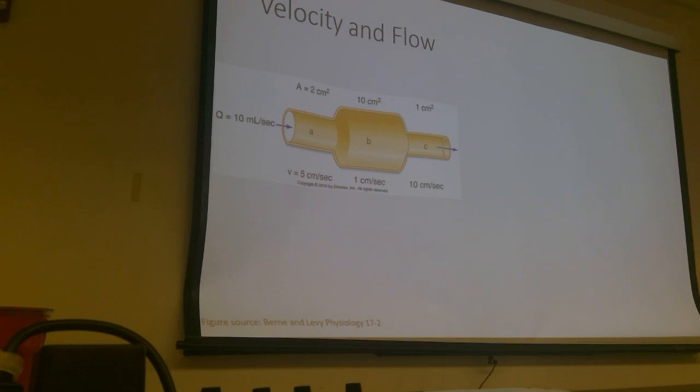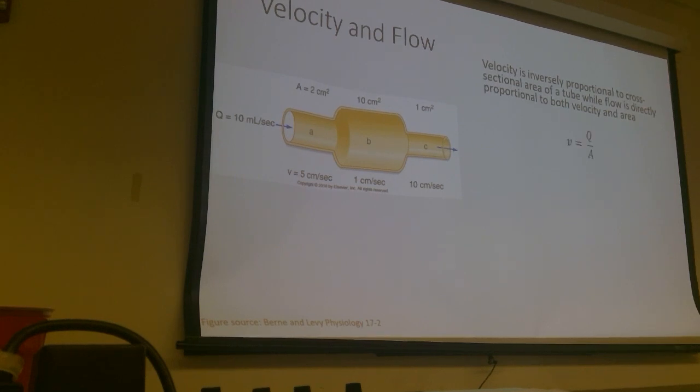Okay, velocity and flow. Now remember, velocity is the movement of a particle, and it is inversely proportional to the cross-sectional area of a tube, while flow is directly proportional to both the velocity and the area.